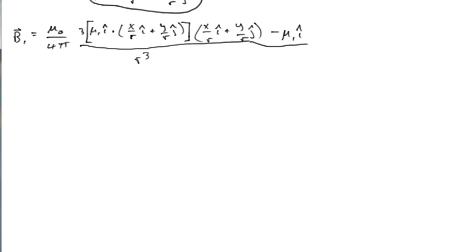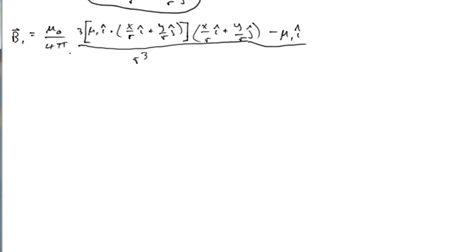So now let's go ahead and do the dot product. So B1, the vector, times 3, and then I hat dotted into I hat gives me 1, so that'll be mu1 x over r, and then I hat dotted into j hat gives me 0.